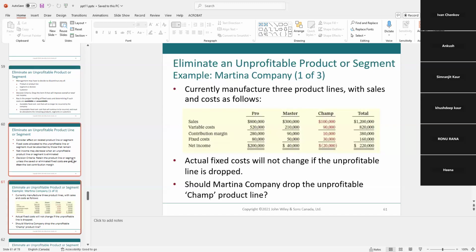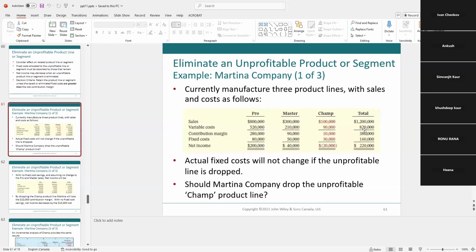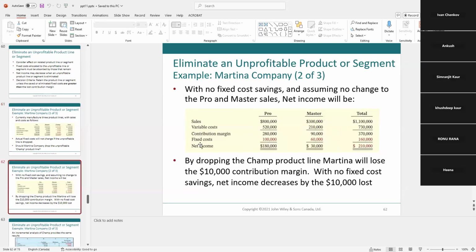Before we jump to a conclusion, we need a little bit more information, based on a simple calculation. If we drop this, what's going to happen overall? If we see an increase in the income, yes, we should drop it. But if we see a decrease in the income, no, we should not drop it.